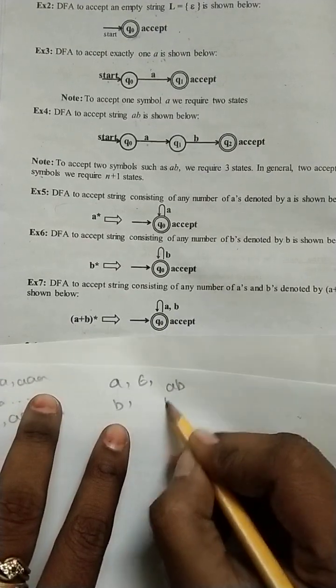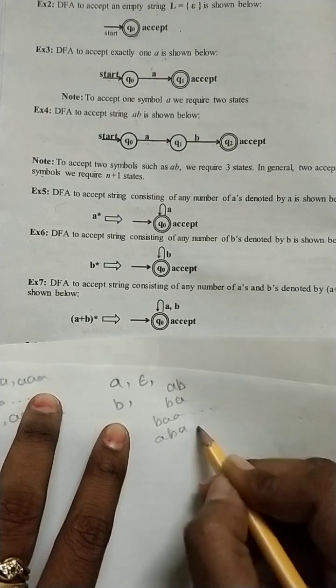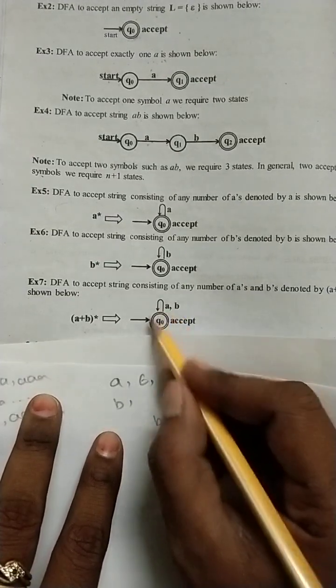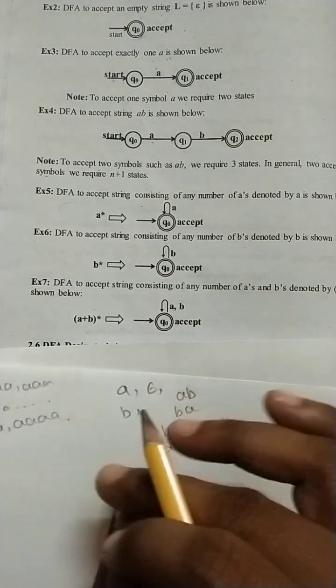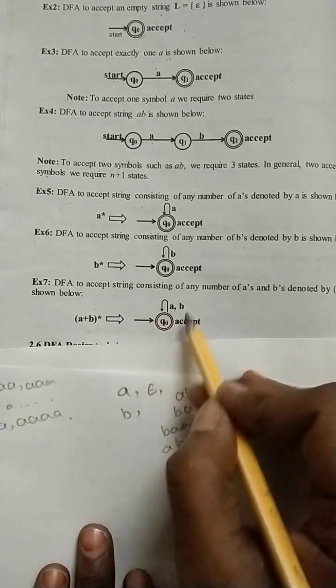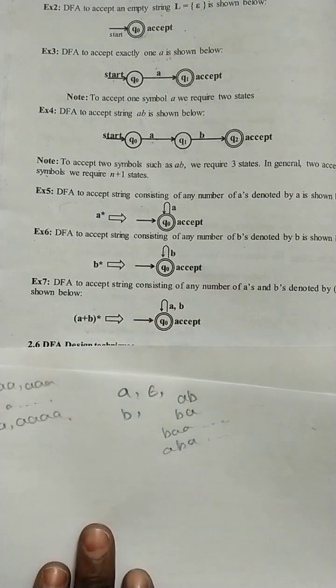Otherwise AB, BA, BAA, ABA or any sequence of A's and B's it can read. Okay, so this is called any number of A's and B's. There is no condition that A should be followed by B, or B followed by A. So this is a simple representation of any recurrence of A's and B's.